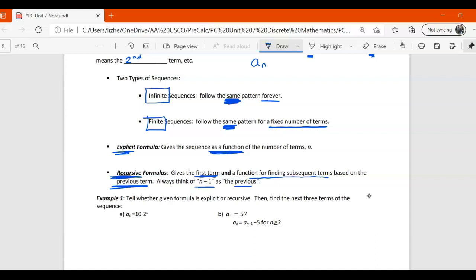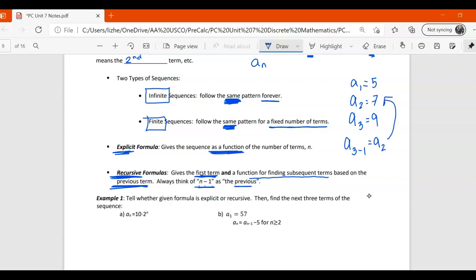And when we talk about the previous term, we think of n minus 1 as the previous term. So for example, if A1 is 5 and A2 is 7 and A3 is 9, the term previous to A3 would be A2, and we would use A3 minus 1, which is that n minus 1, takes me to A2, which is 7.